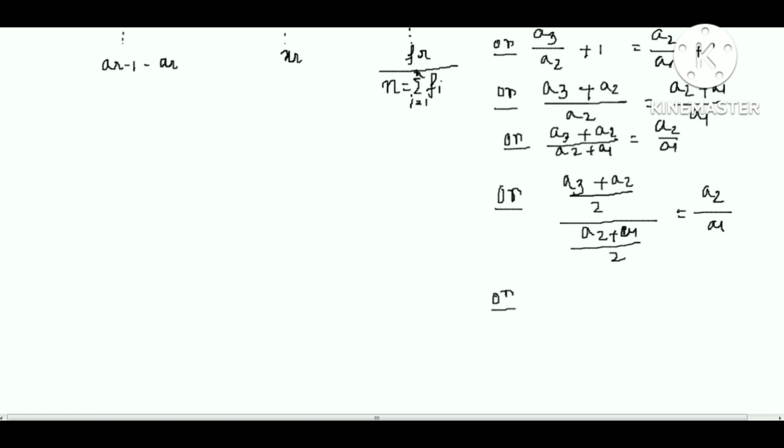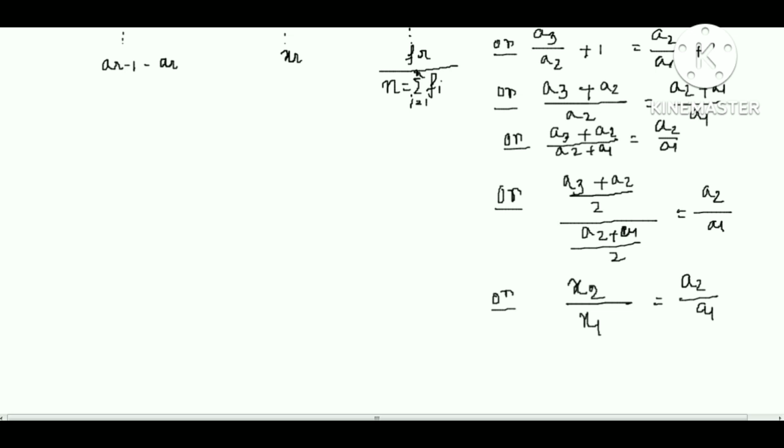So we can write this as x2 divided by (A2 plus A1) divided by 2, that is the class mark of the first interval, x1, equals A2 divided by A1. So x2 divided by x1 equals A2 divided by A1.